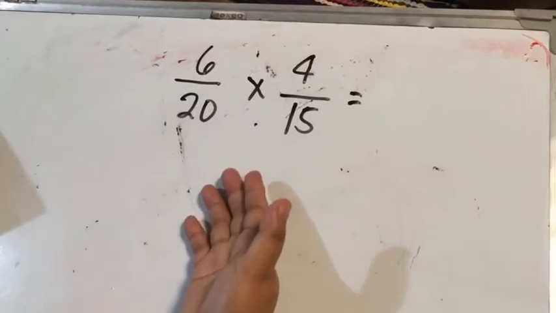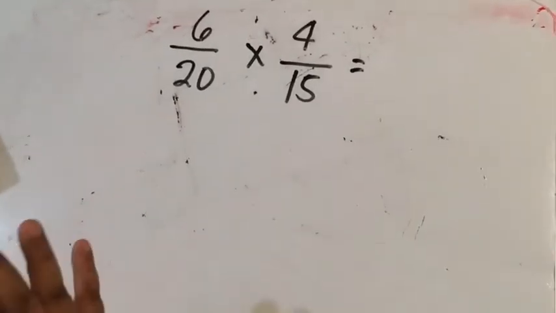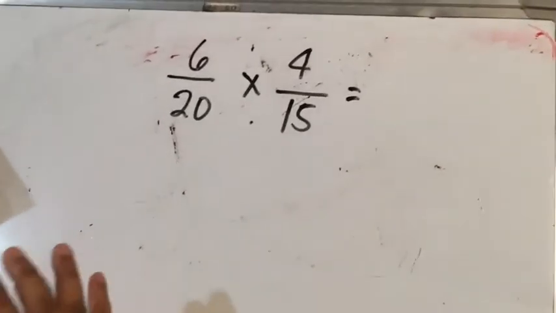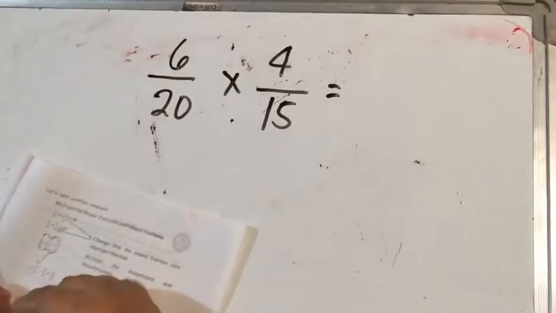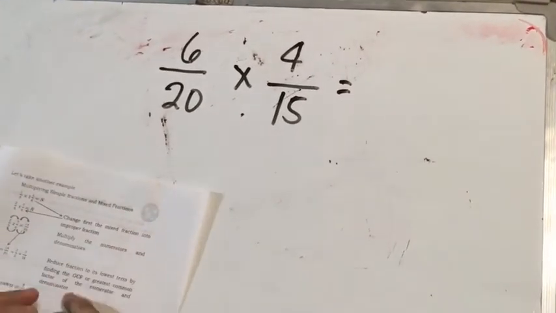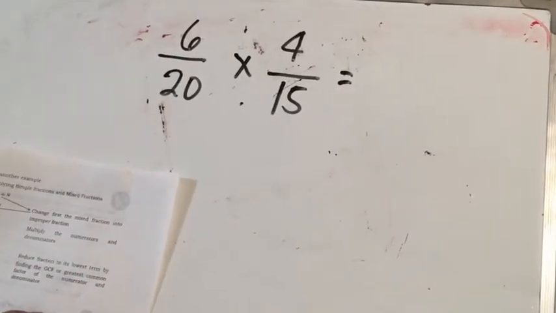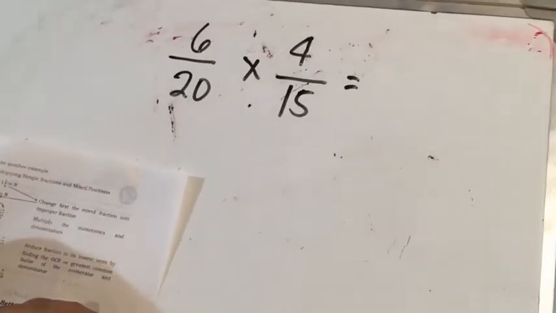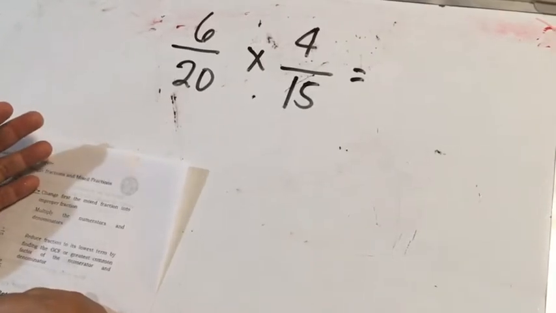But this time, we have proper fractions. So, we will move directly to cancellation. Always start with cancellation. Okay? Remember, the sibling of multiplication is cancellation. Always cancel when necessary. When we cancel, it means we simplify the fractions so they are not too big.